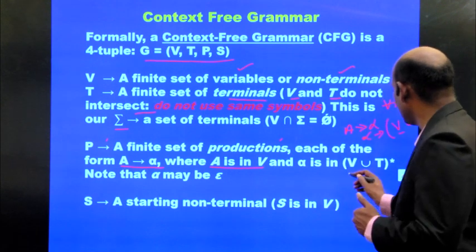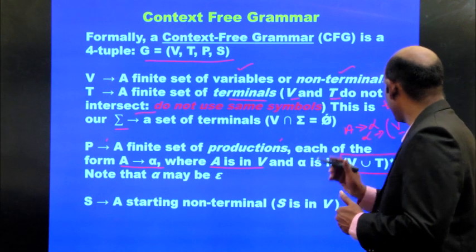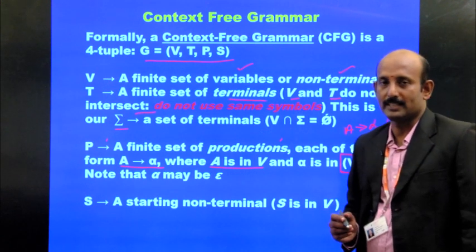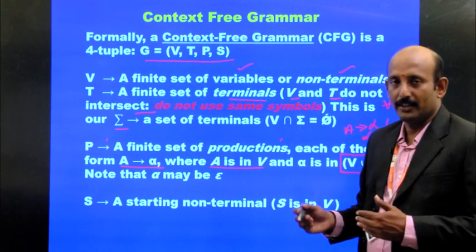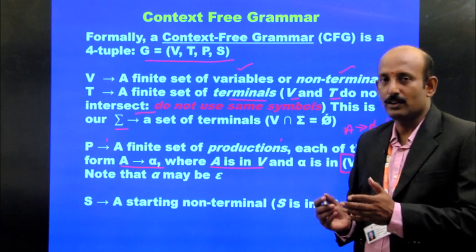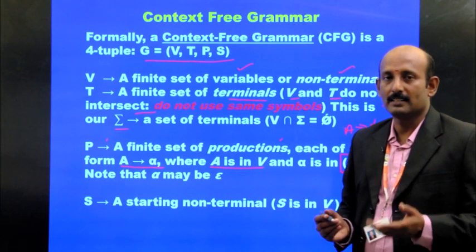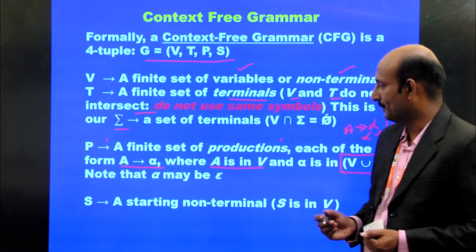V union T whole power star means combinations of both terminals and non-terminals occurring 0 or more times.